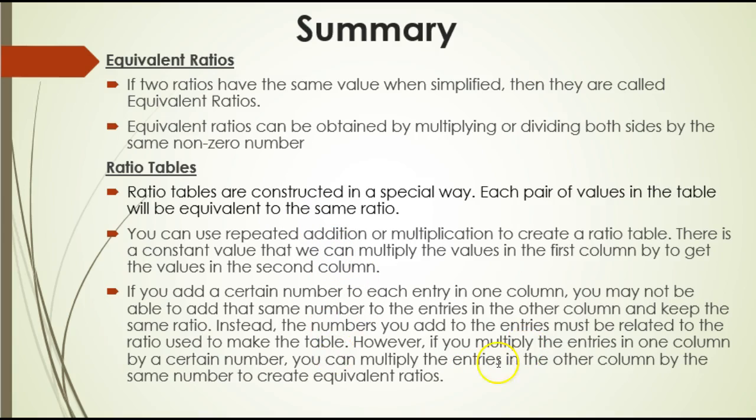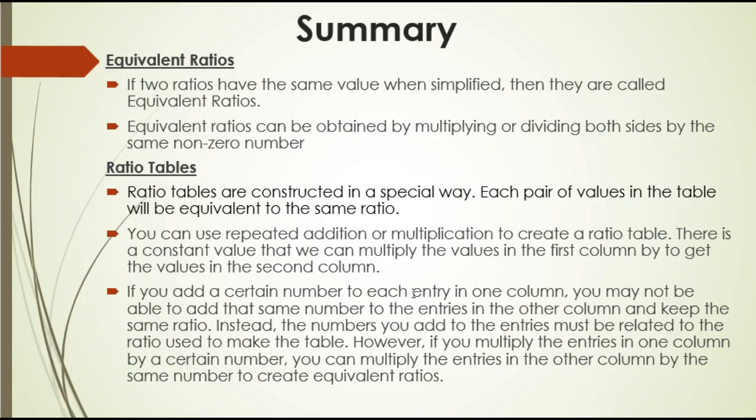These next couple of things go with the ratio table. You will actually learn more in our next lesson, lesson 10, but I'll go over them really quickly. You can use repeated addition or multiplication to create a ratio table. There is a constant value that we can multiply the values in the first column by to get the values in the second column.